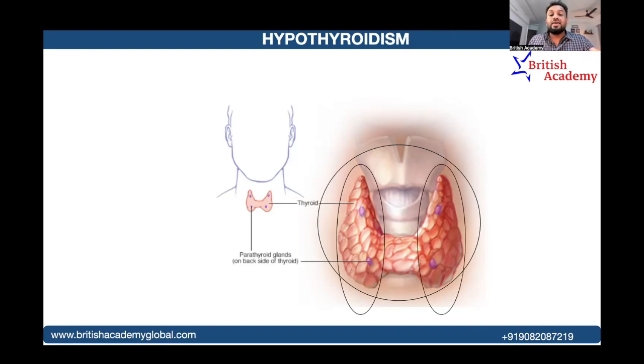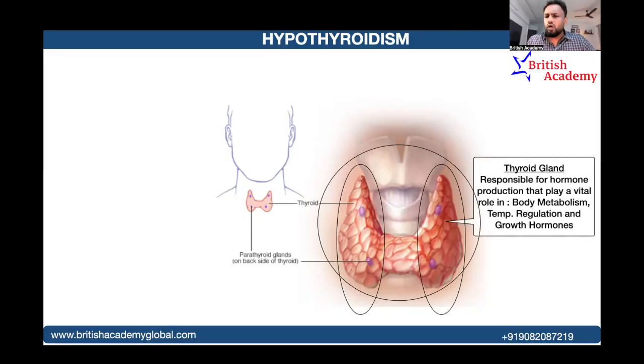These glands are essential in your daily living, carrying out normal metabolism and normal physiological functions in your body. Let's understand what the thyroid gland is responsible for. It is responsible for hormone production that plays a vital role in body metabolism, temperature regulation, and growth.